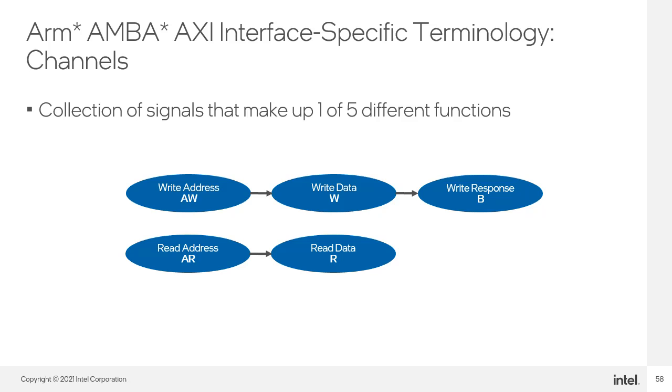The 5 channels are read address, write address, read data, write data, and write response. As shown here, all corresponding channels must be used to perform a read or write. The names of all the signals in each channel are prefixed with the letters indicated to make it easier to identify them.